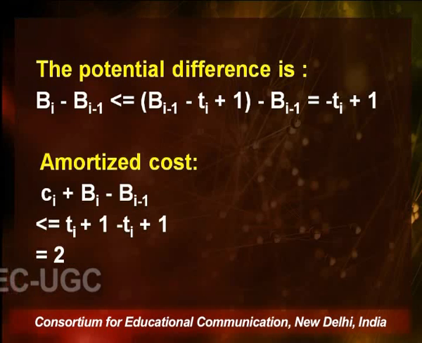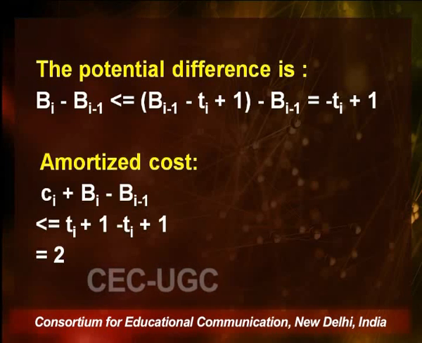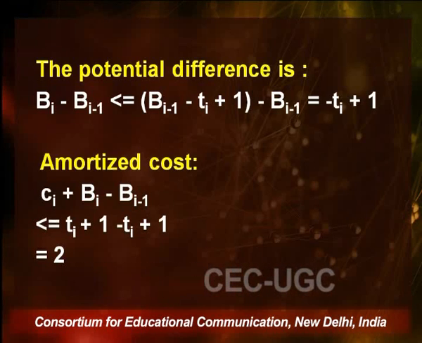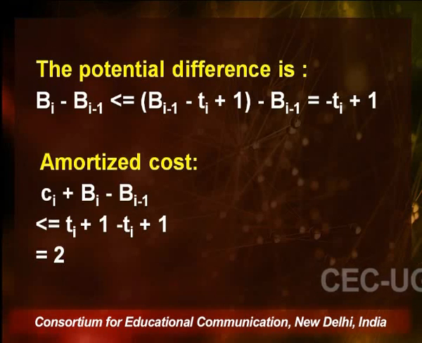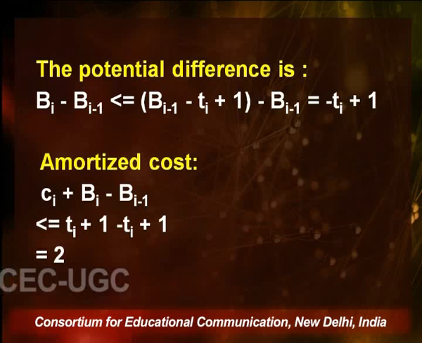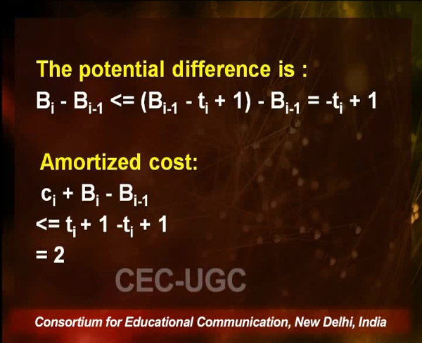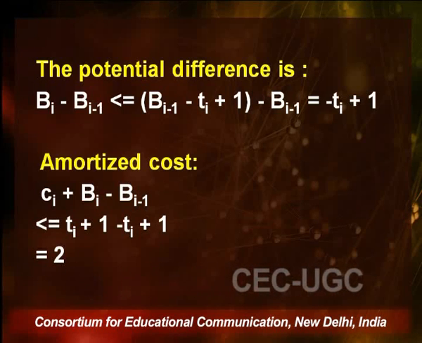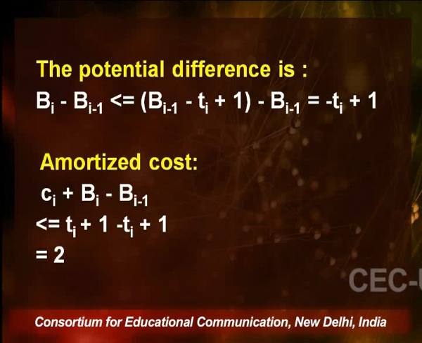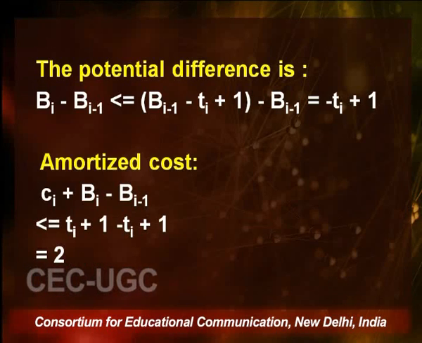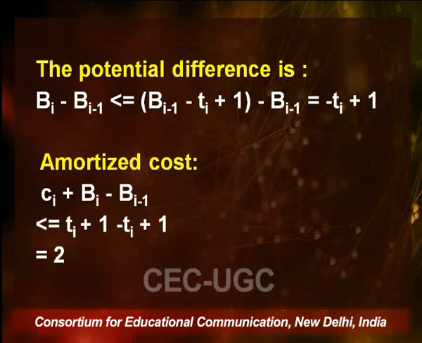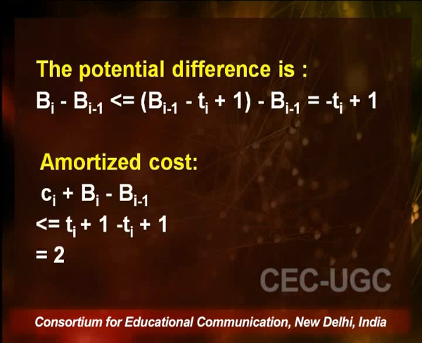We have written it as less than or equal to, because that is the maximum, t_i plus 1 for the actual cost, and the second term, 1 minus t_i, represents the potential difference just calculated above.